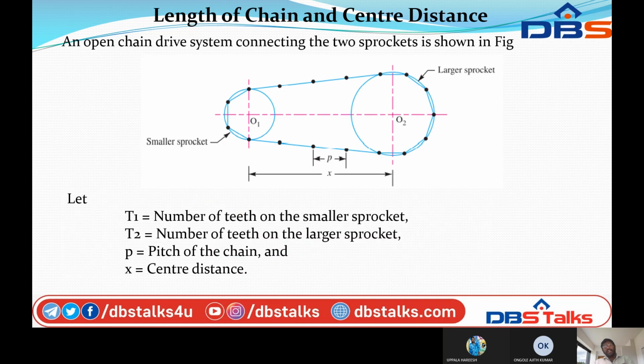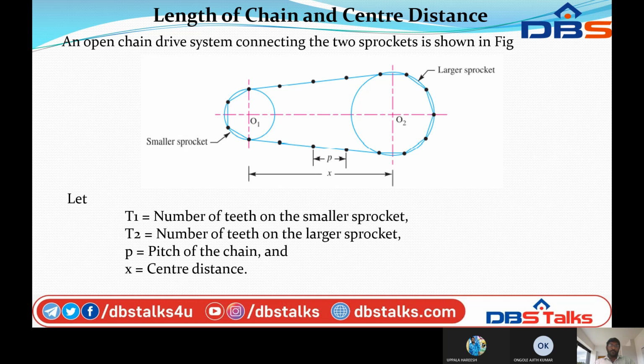Length of chain and center distance. So how to calculate the length of the chain and center distance? Consider an open chain drive system connecting the two sprockets as shown in the figure. This is the large sprocket and this is the small sprocket. The distance between the two centers O1 and O2 is X. P is the pitch of the chain, the distance between the two chain centers.